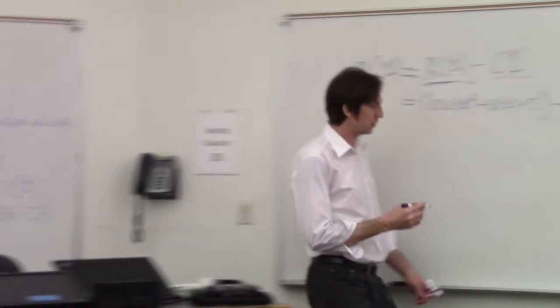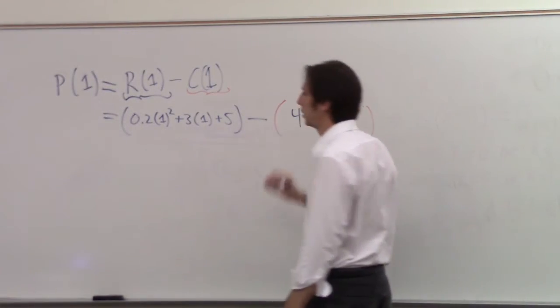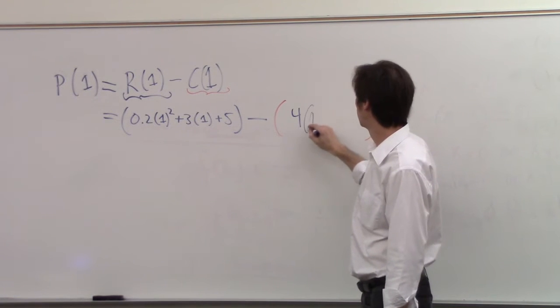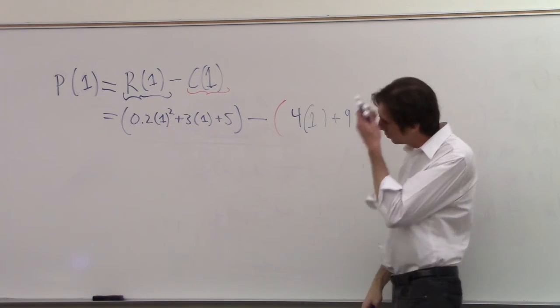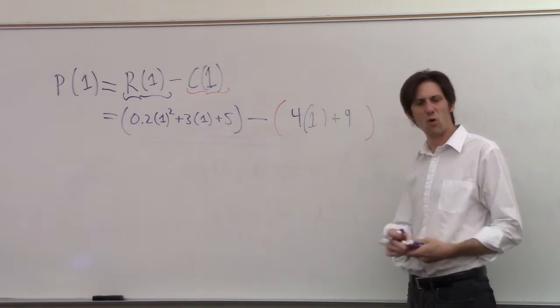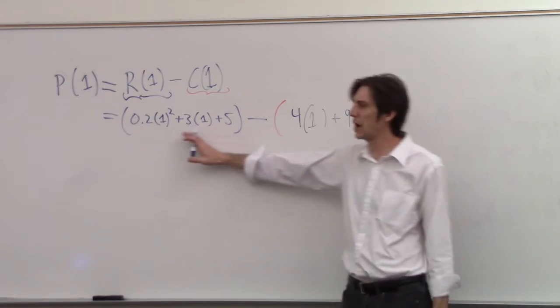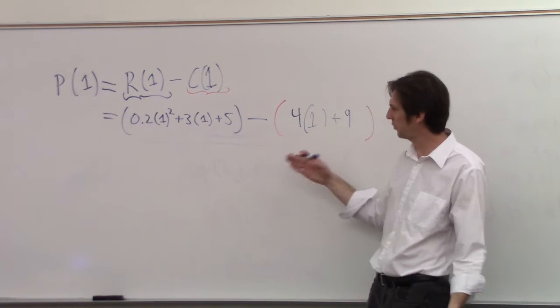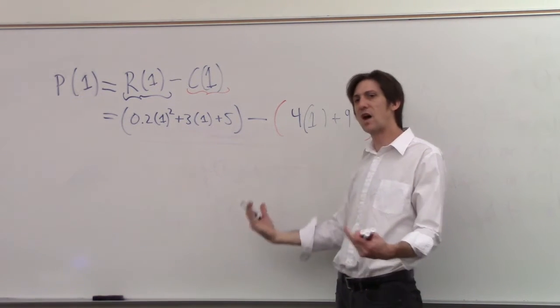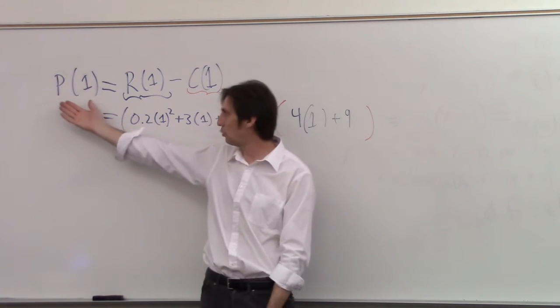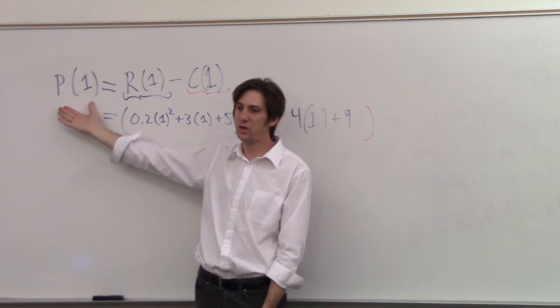And so that, you can see, becomes 4 times 1 plus 9. Okay, here I want to remember my order of operations. I should do these computations inside the parentheses first, and then once I get those 2 numbers, I'll subtract the 2 numbers, and that final value will be the output, or the value of P of 1.